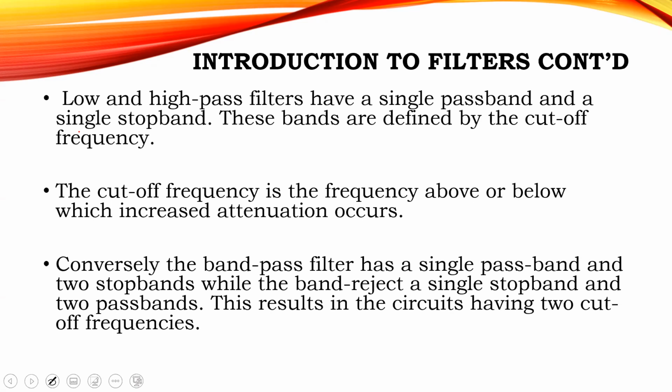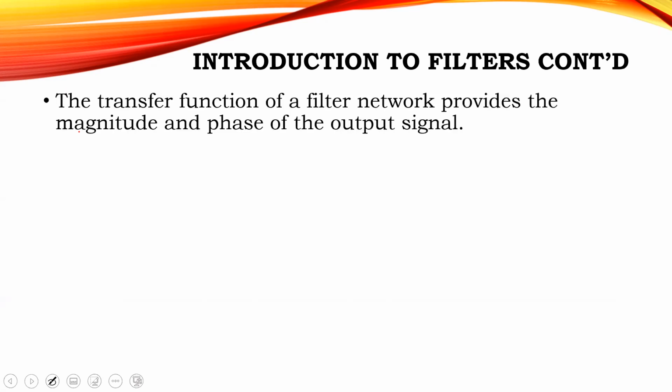So coming out of the topic we just completed, in considering filters, one of the benefits of looking at the transfer function is that if we have the transfer function of a filter network, it can give us both the magnitude and the phase of the output signal.